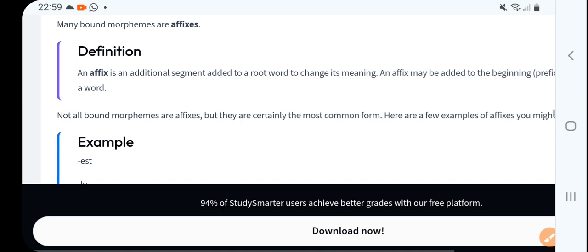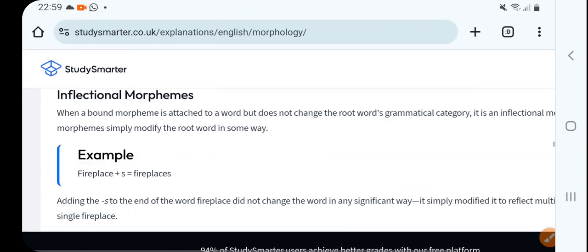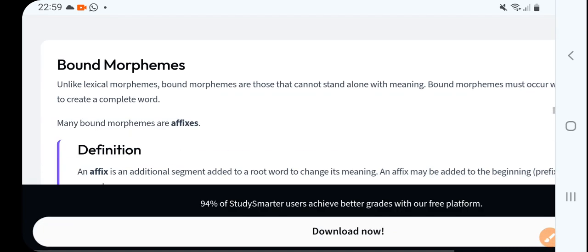Then there are derivational morpheme and inflectional morpheme. Derivational and inflectional are the two categories of bound morpheme.